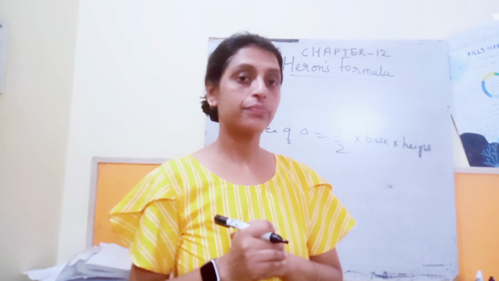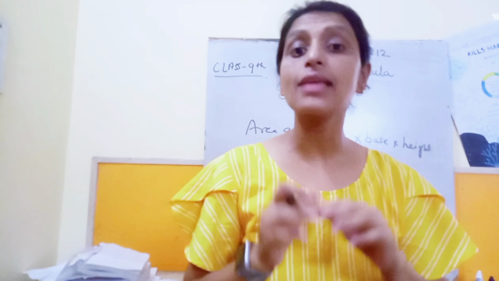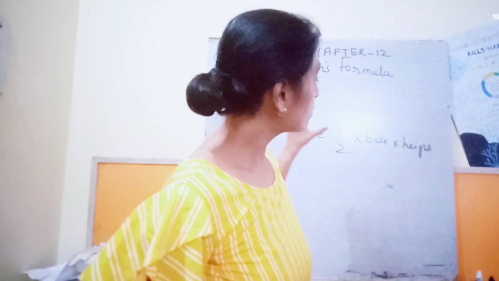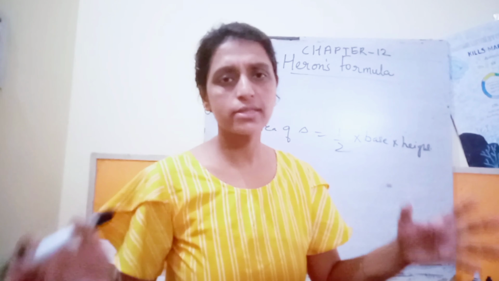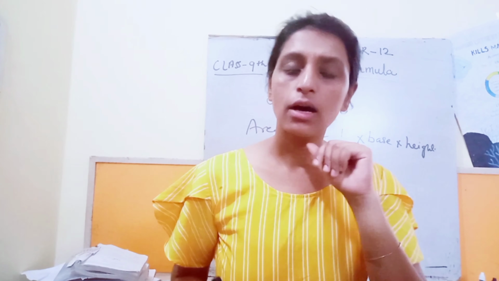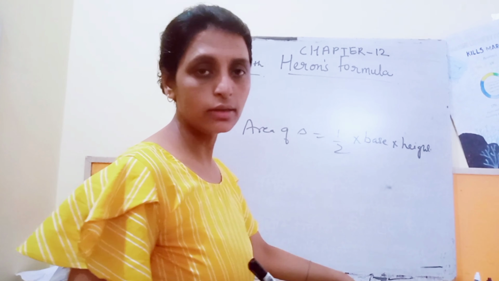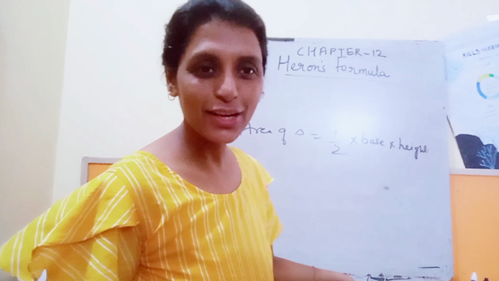But when all three sides of a triangle are given and the height is not mentioned, there is a formula called Heron's formula to find the area of the triangle.